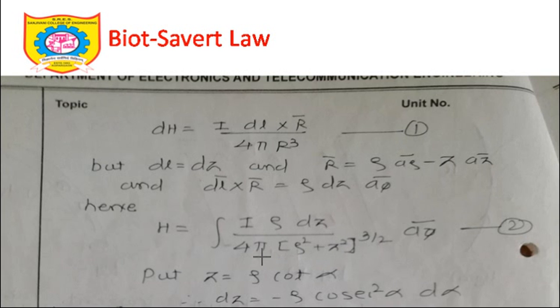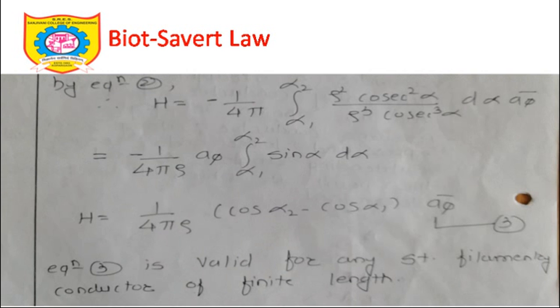So rho square raised to 3 by 2, we can take it outside the bracket, and it will come to be rho cube, and 1 plus cot square alpha is cosec square alpha. So minus I upon 4 pi, I have corrected this in the previous video also, minus I upon 4 pi, integration from alpha 1 to alpha 2, rho square cosec square alpha divided by rho cube cosec cube alpha d alpha into a phi bar.